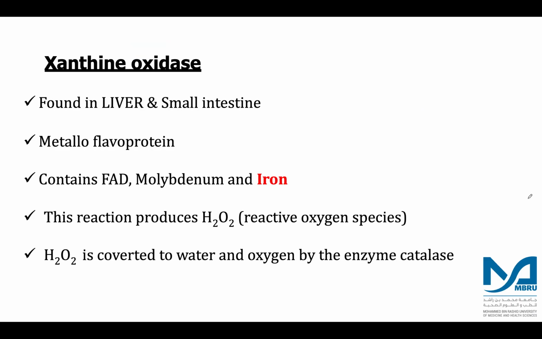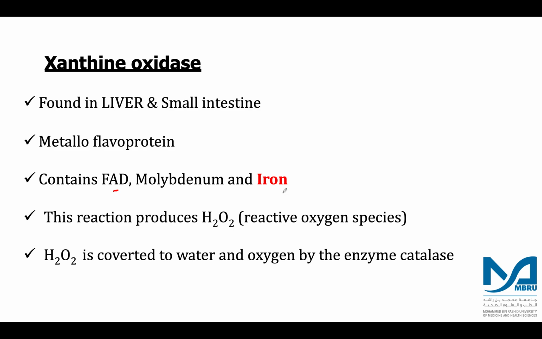Now, xanthine oxidase is predominantly found in the hepatocytes and is a metalloflavoprotein which contains flavin adenine dinucleotide and molybdenum and iron.